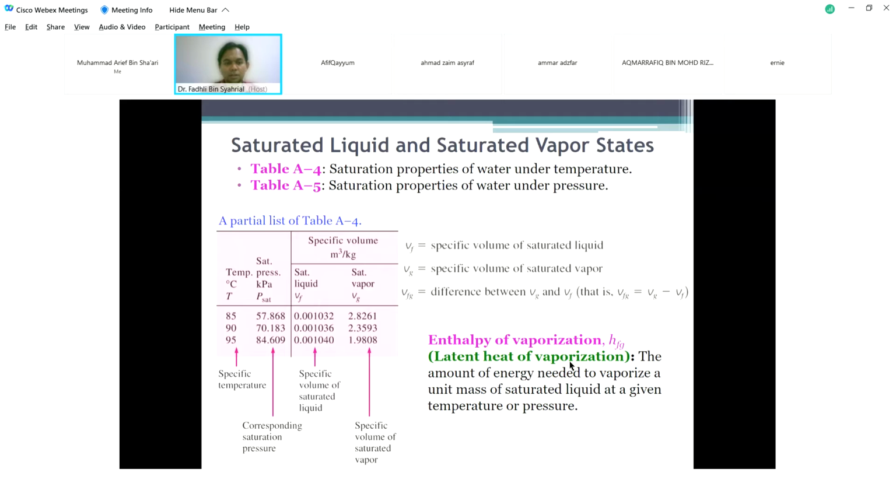This is how we get data from the table based on saturated liquid and saturated vapor state. Ada 5 kan, so ni baru 2. It's the first 2 from 5 states.